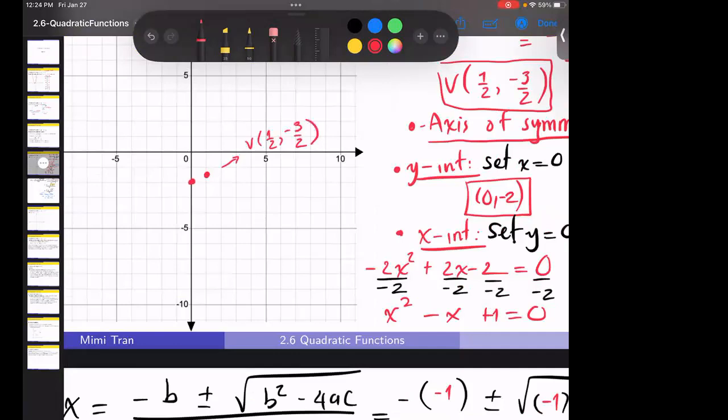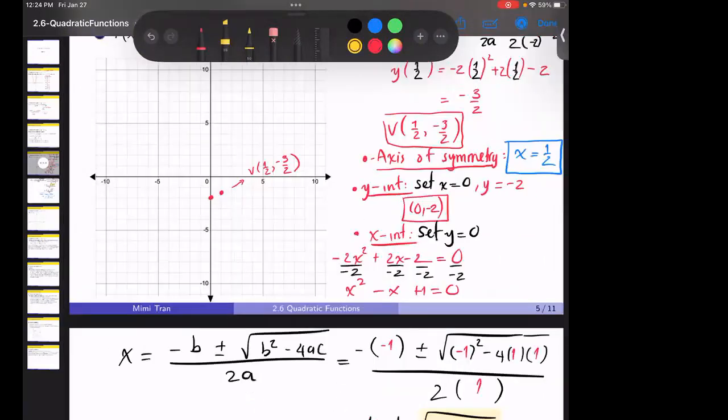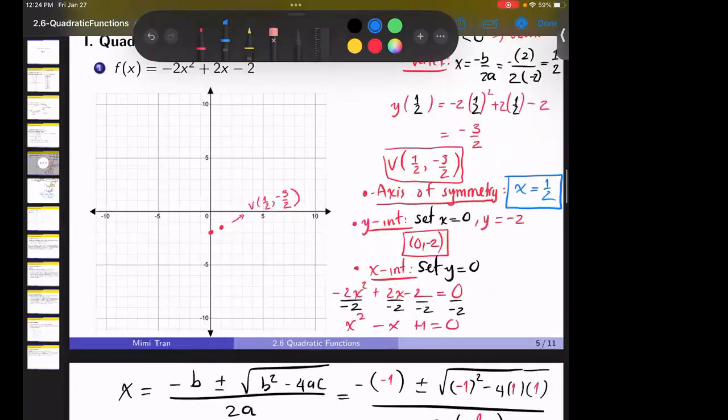On the exam, I do want you to label the vertex and the x-intercept. Axis of symmetry, let me do a dashed blue line. Sorry, it should be x equals 1.